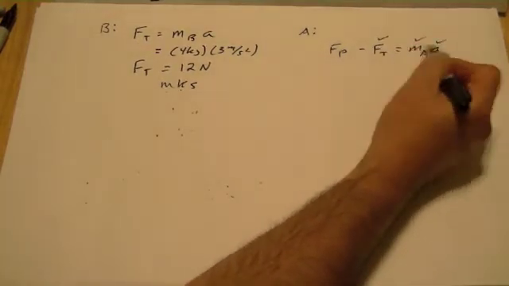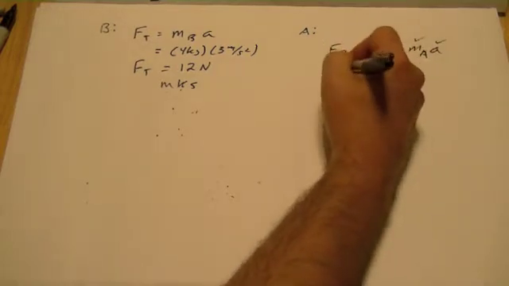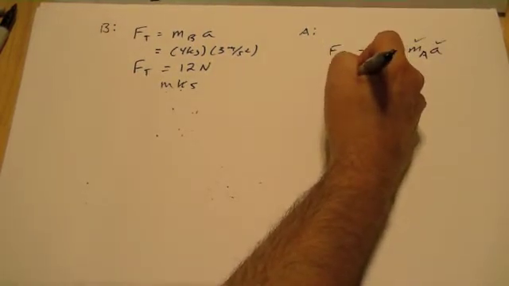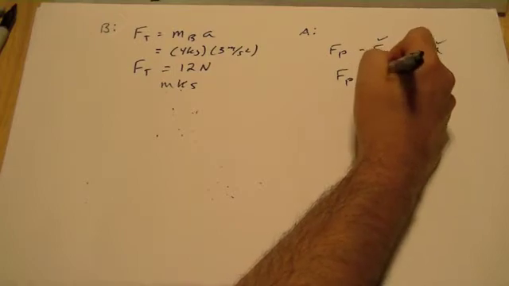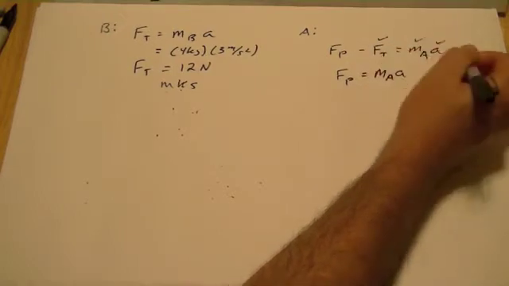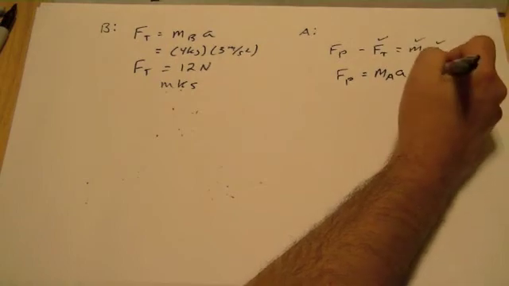All I need to do is add Ft to both sides, and I get that the pulling force on block A is equal to mass of block A times its acceleration, now plus that tension.